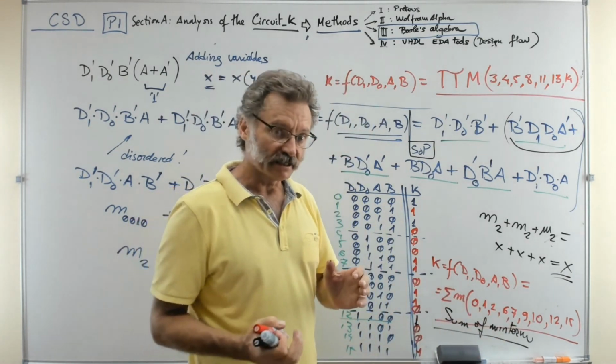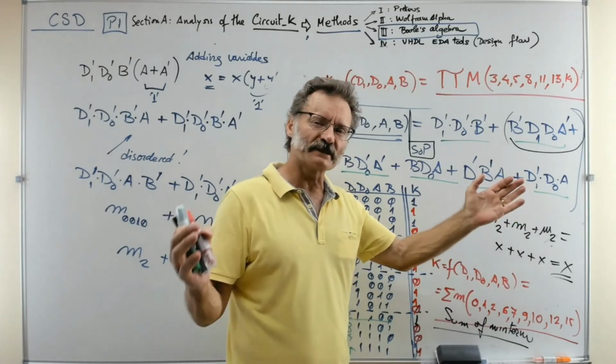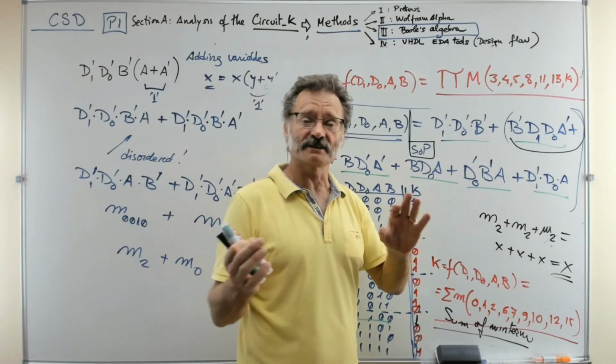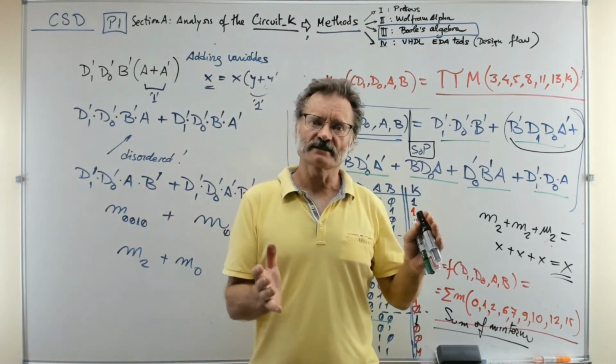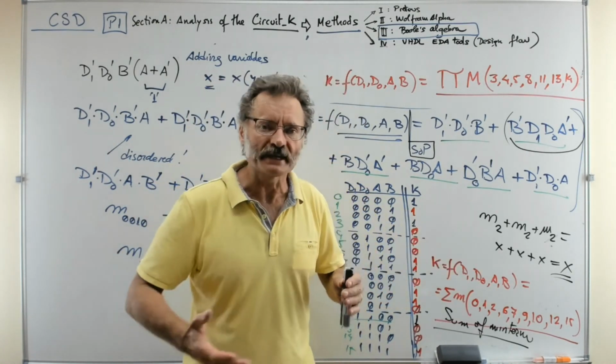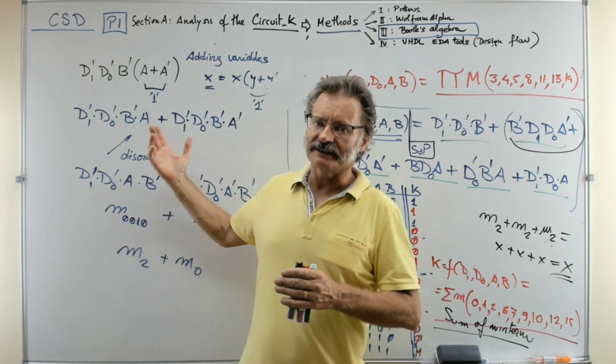Or finally, the same equation can be written very well in VHDL, because this is what we are going to do all the time this semester. We will translate everything into VHDL, so why not start like this in this example?